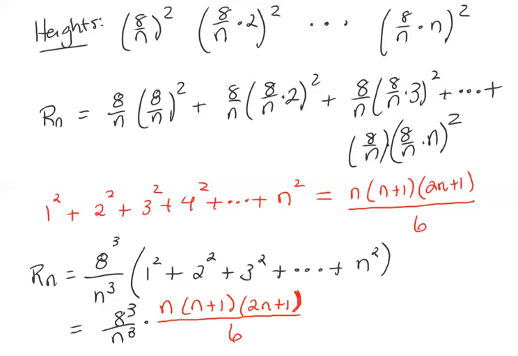Now that I have written it in a more compact form, let's see if we can simplify. Let's see if I have any terms that will cancel top and bottom. And let's see if I can rewrite it in a more helpful manner. Okay. So let's see. 8 cubed over n cubed times n plus 1 times 2n plus 1 over 6.